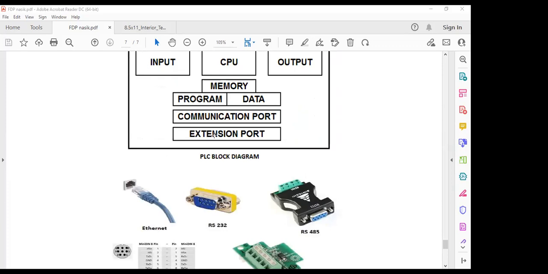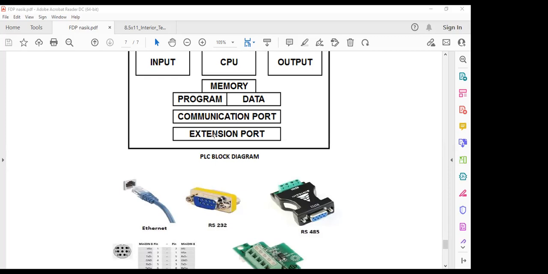Physical capacity means you have one PLC which has, suppose, 8 inputs, 8 outputs, but you require some more inputs, outputs also. So if you want more inputs, outputs, then you need to purchase an input extension unit, output extension unit, and you can connect them through the extension port. In series, you can connect many.